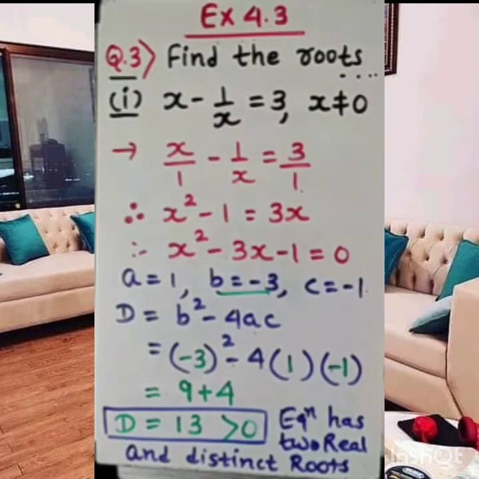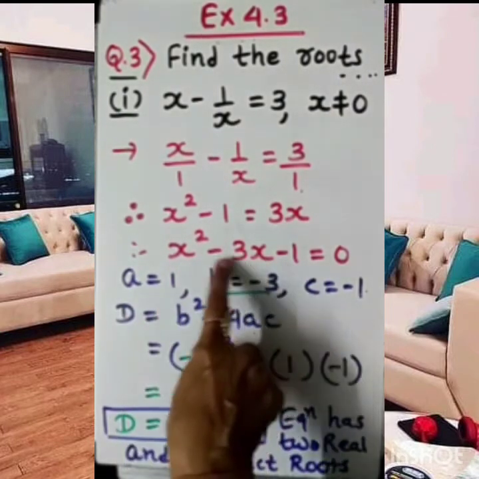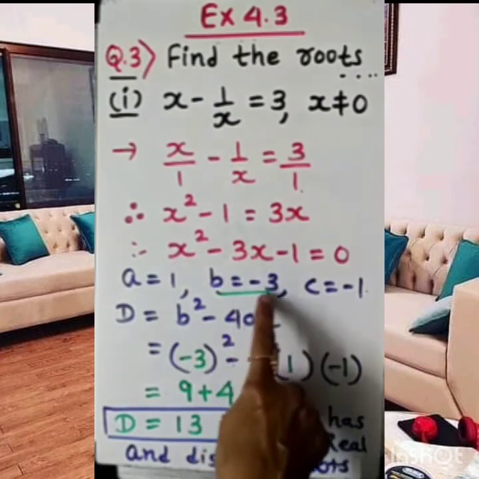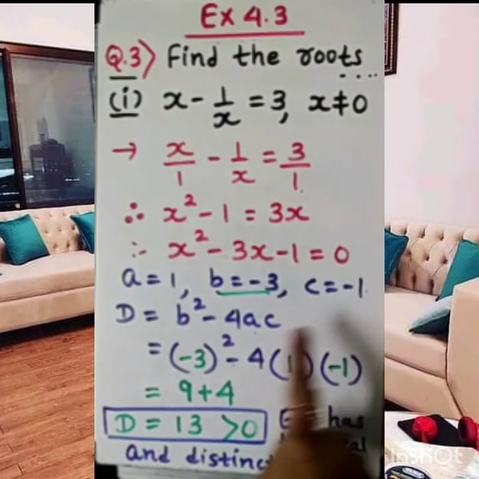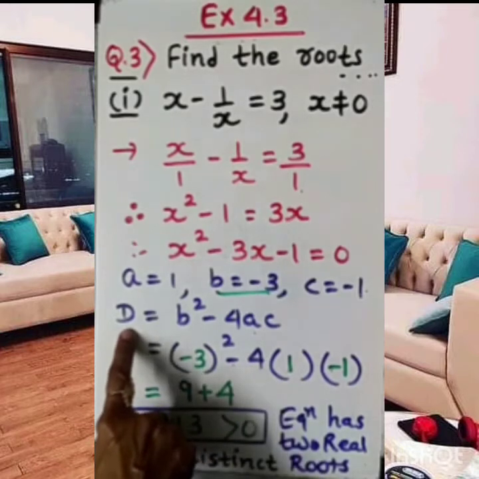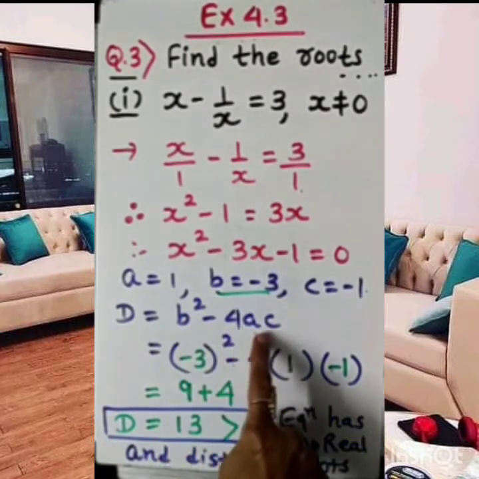Now here we are going to apply the quadratic formula for solving the quadratic equation. So let's compare. A will be 1, b equal to the coefficient of x, that is minus 3, and c equal to minus 1. Now let's find the discriminant, d equal to b square minus 4ac.